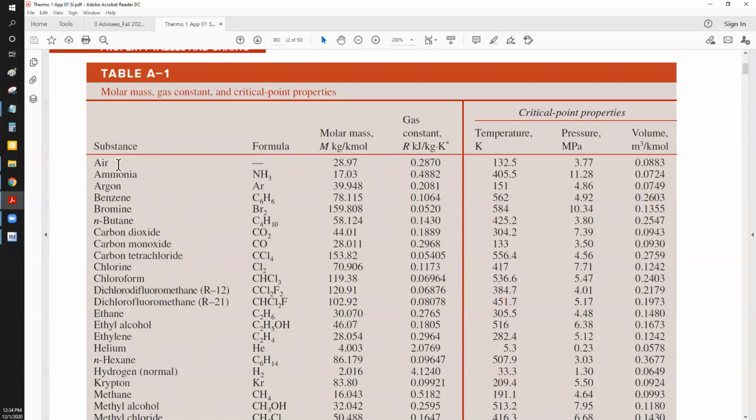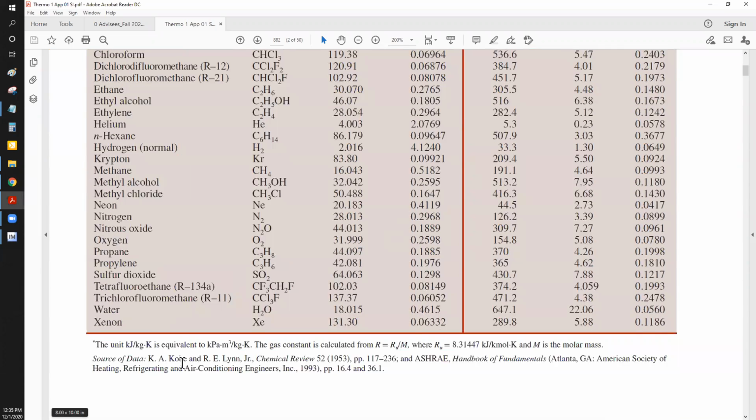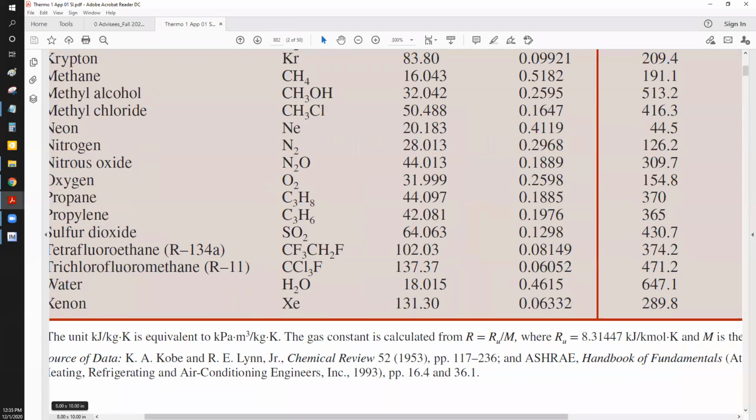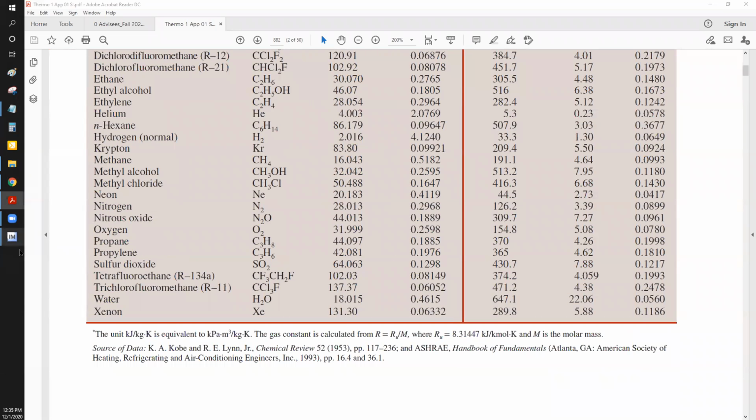So here's air, and the gas constant is this 0.2870. Now notice the gas constant's got kilojoules per kilogram Kelvin up here. But if you look at the little asterisk at the bottom, it tells you the unit kilojoules per kilogram Kelvin is equivalent to kPa times cubic meter per kilogram Kelvin. So that's where we got that from.